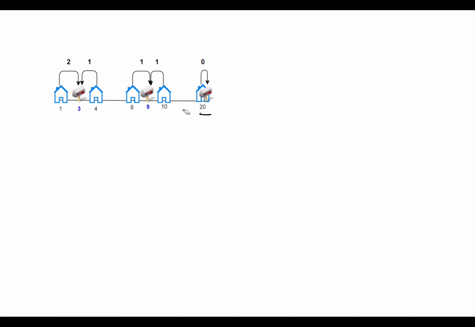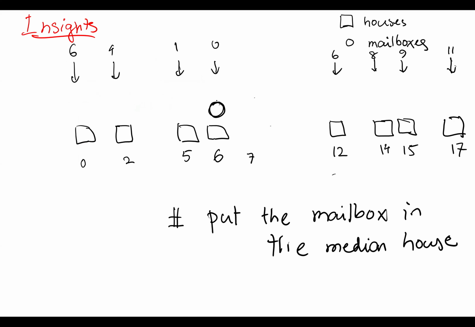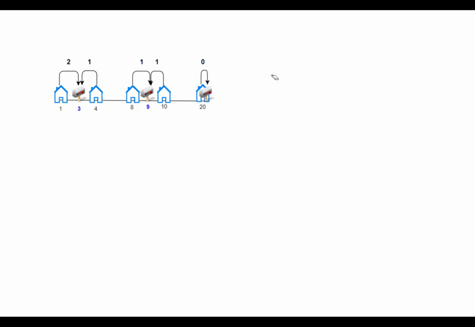Well, in the middle, it's not always bad. As you have seen, if we had moved the mailbox here, it was fine, but we wouldn't have gained anything. The same thing here, if I had put the mailbox at one of the houses instead.